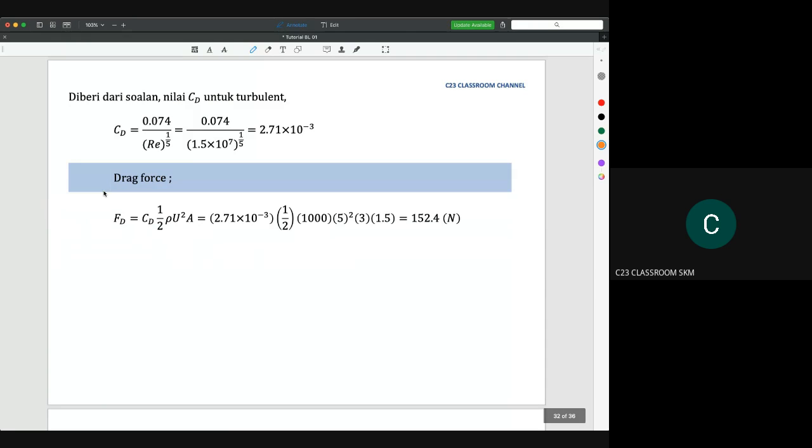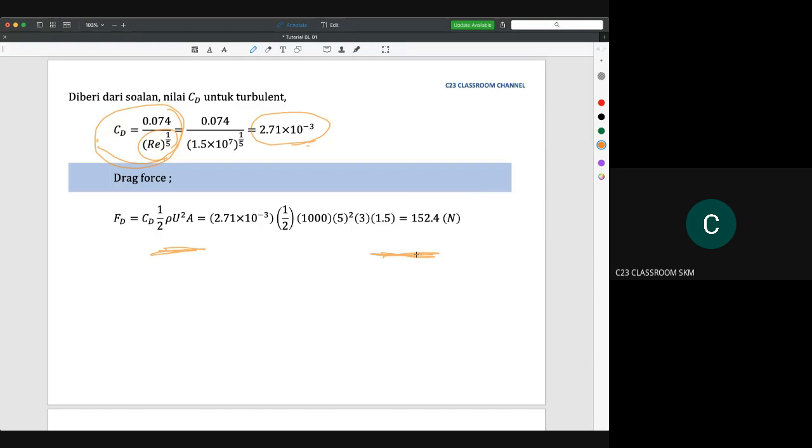From the question, we know that the CD for turbulent is given like this. If we substitute the value of Reynolds number, we could get it is equal to 2.71 times 10 to the power of minus 3. Then we substitute into the equation, so we could get 152.4 newtons.